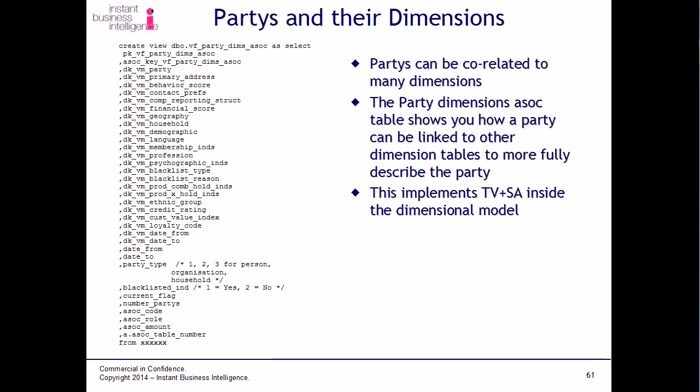So what this is saying is a party has many dimensions, many aspects of the party. They may have their financial score, they're handled by a certain area of the organisation, they have a profession, they have certain memberships, they have a primary language, they might be blacklisted, they may have product cross holdings, they come from an ethnic group, they have a credit rating, they have a customer value, they have a loyalty code, things like that.